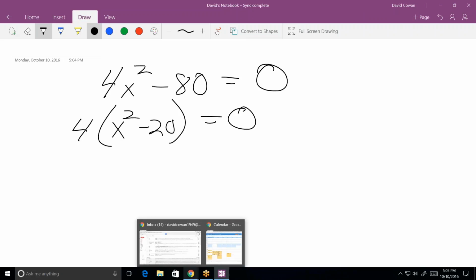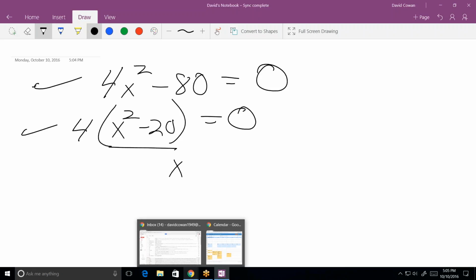Well, the only way that's a true statement is if x squared minus 20 is equal to 0. Wait, why 20? Well, if I'm factoring out a 4, I'm dividing both terms by 4. Oh, I see. Notice that if I multiply that back together again, I get what I started with, which is the process you always want to be doing in problems like this.